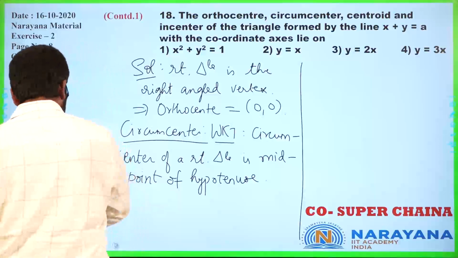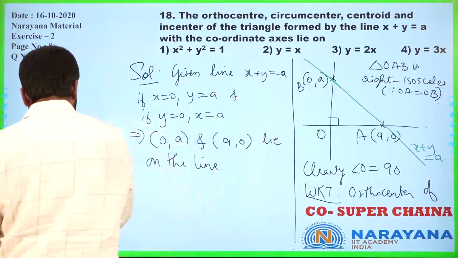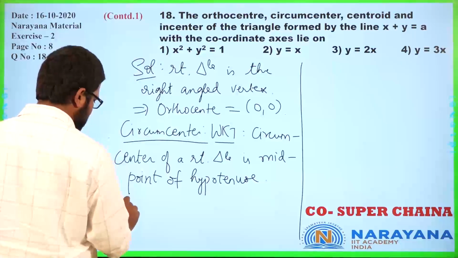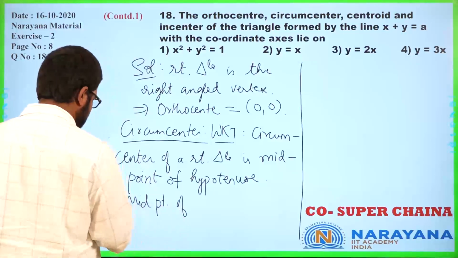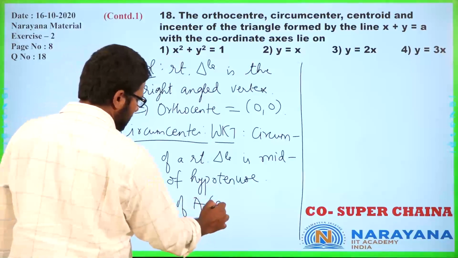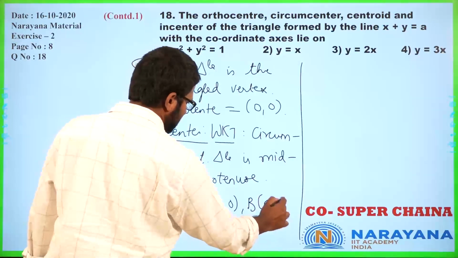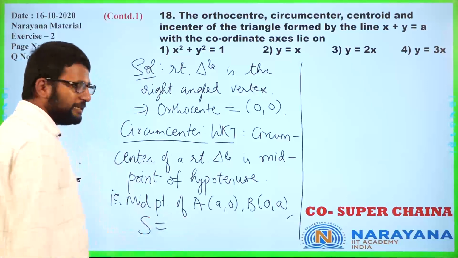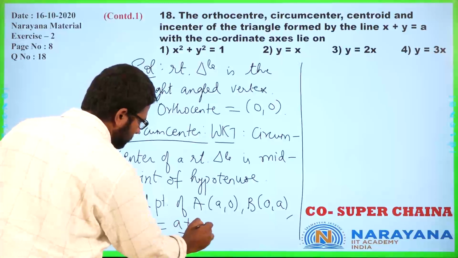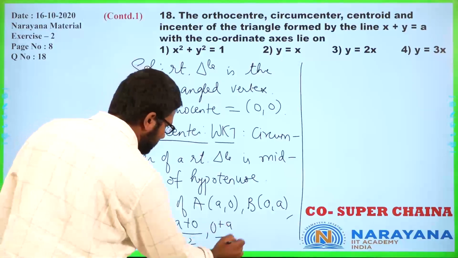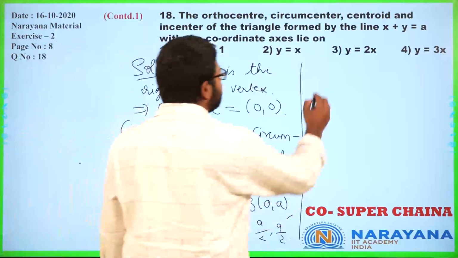Right? So here midpoint of AB, A is A comma 0, B is 0 comma A. The symbol we use for circumcenter is S. S would be A plus 0 by 2 comma 0 plus A by 2, which is A by 2 comma A by 2, right?